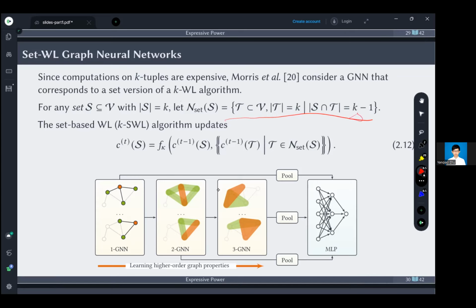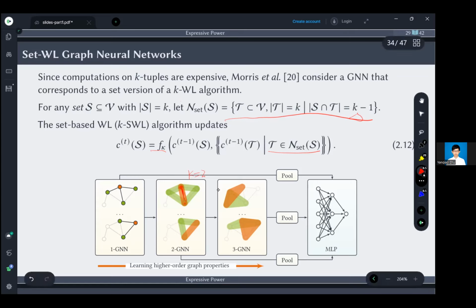After you construct a neighborhood set, you just aggregate every tuple from its neighborhood set, followed by a nonlinear function mapping. For this example, k equals 2. So what is its neighborhood? It's just taking one element difference, right?